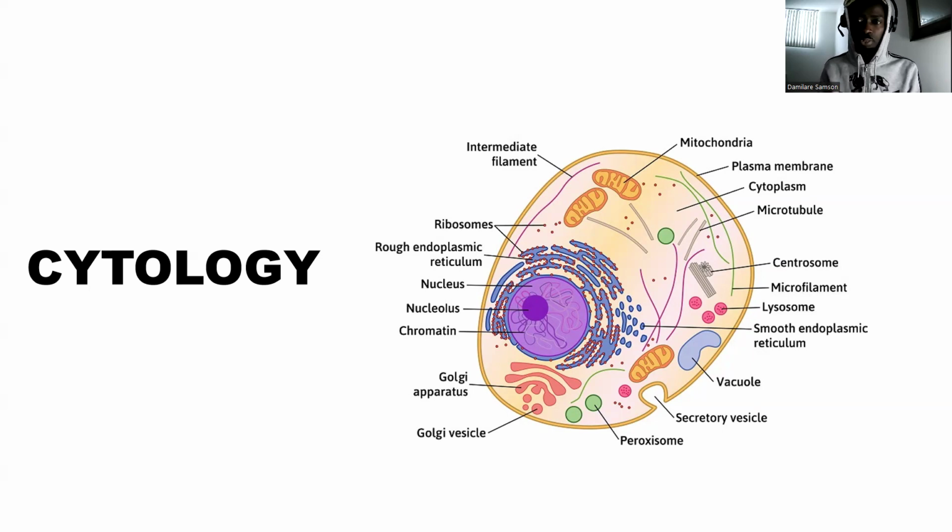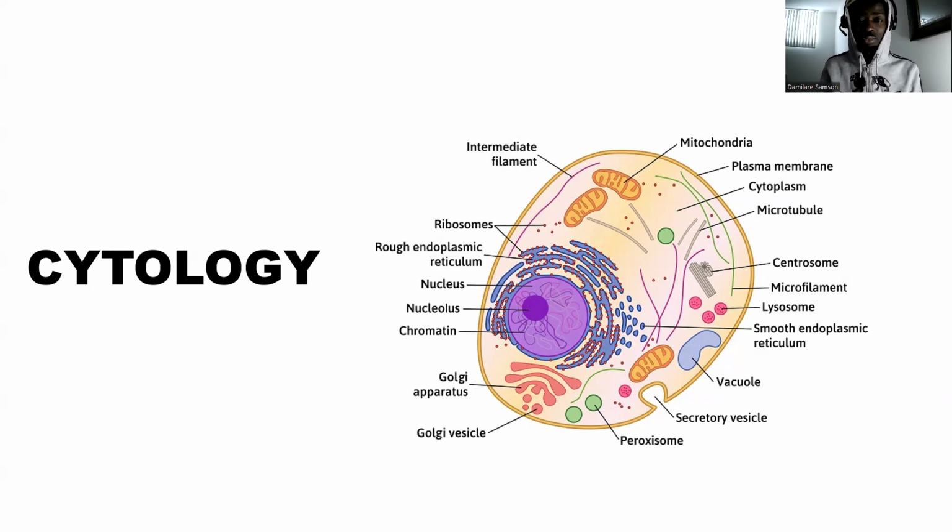So I will just mention, if you look at this, you see the mitochondrion, the plasma membrane, the cytoplasm, the microtubule, the centrosome, the microfilament, the lysosome, the smooth ER, endoplasmic reticulum, the vacuole, the secretory vesicle, the peroxisome, the Golgi vesicle, the Golgi apparatus, the chromatin.